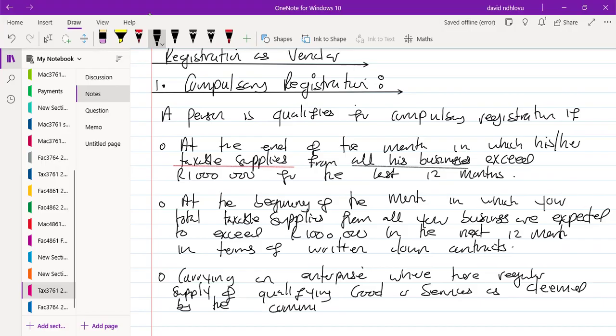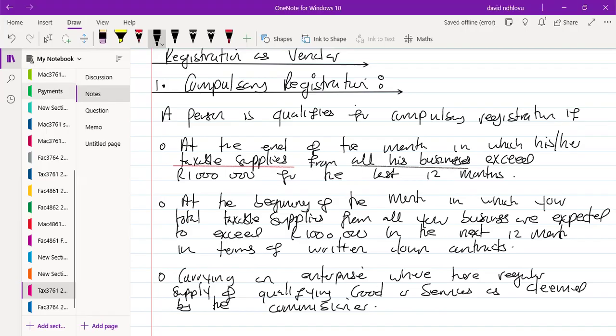So this is the preserve of the commissioner. You may be an enterprise that does not have the threshold of 1 million in taxable supplies, but the commissioner deems that even though you don't have the 1 million, you should register for VAT purposes for one reason or another.